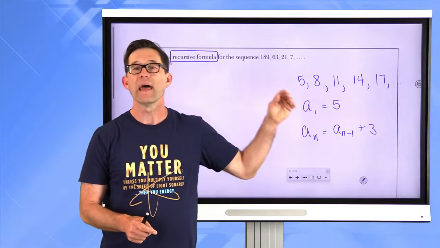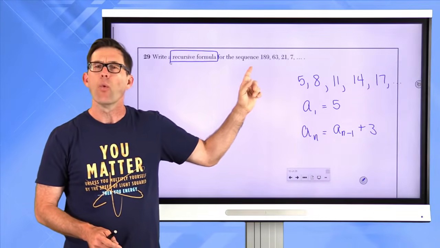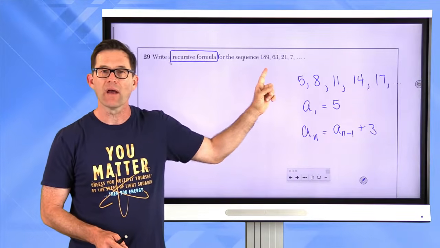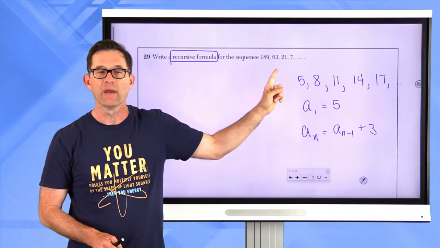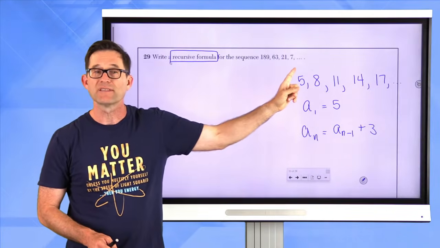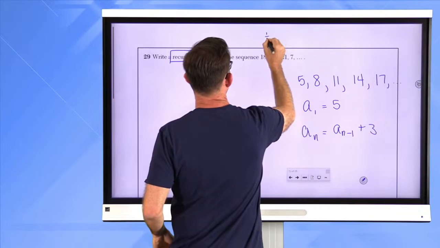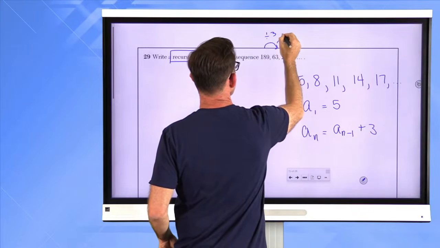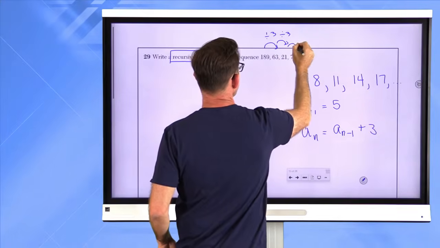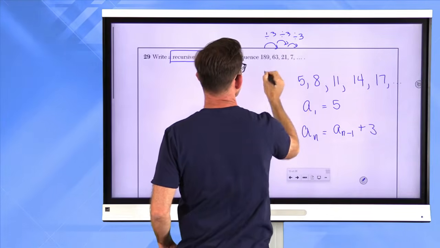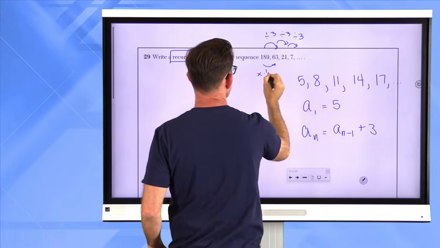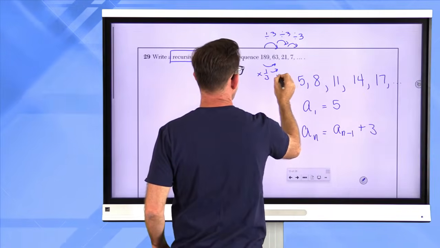All right, now let's talk about this. What's going on when we go from 189 to 63 to 21 to 7? Well, what's happening is that each time we are dividing by 3. Or, if you like multiplication better, each time we are multiplying by 1/3.